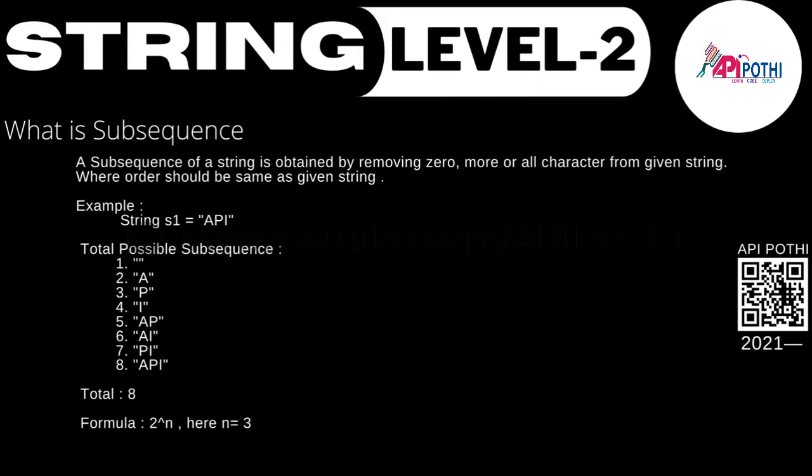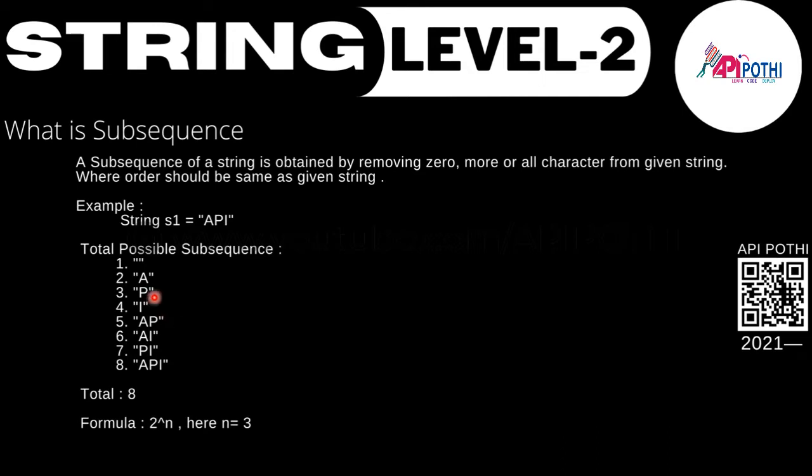So when we are discussing the subsequence, the definition is something like this. You have one string, where a string is a combination of characters, right? Out of a string, if we delete any of the characters without disturbing the order, then all the possible strings are subsequences.